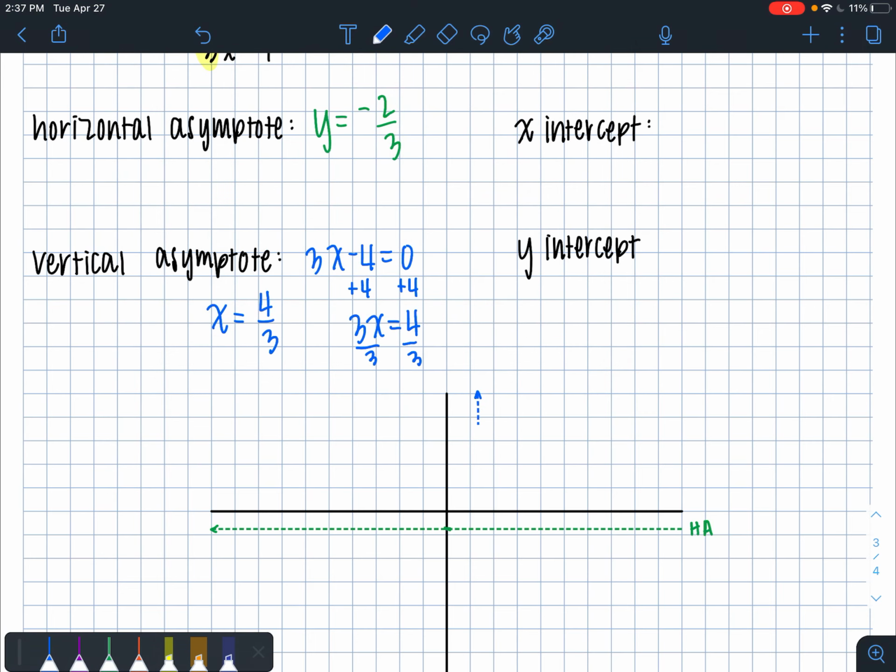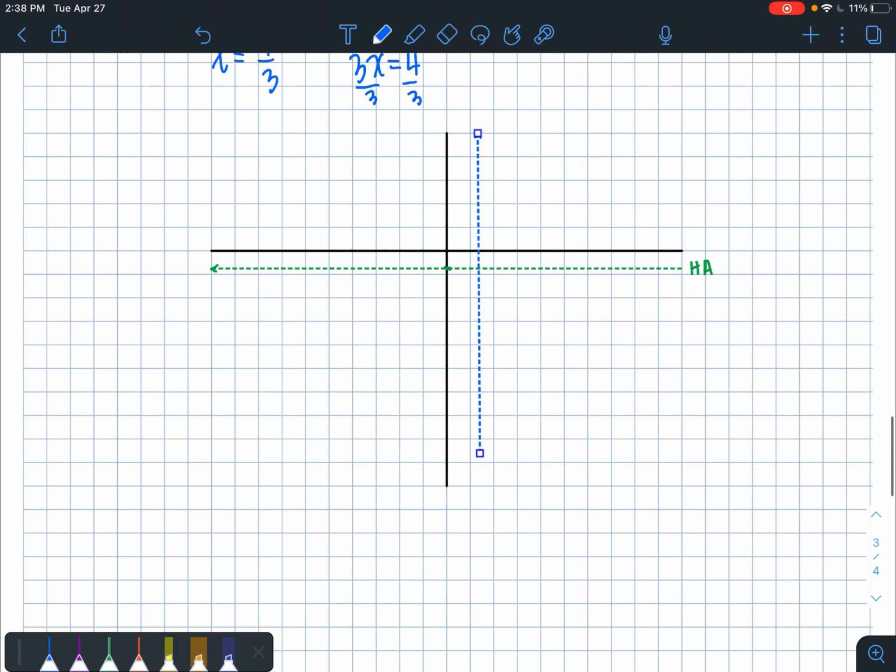Again, making that a dotted line to represent the asymptote. So there is that vertical asymptote labeled.